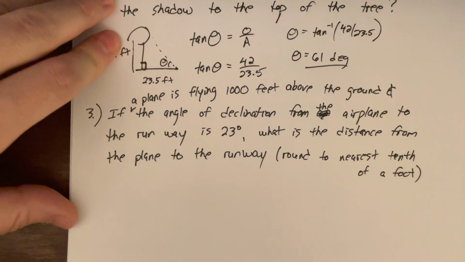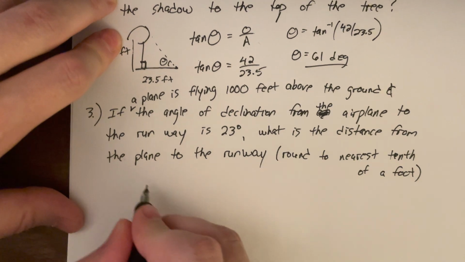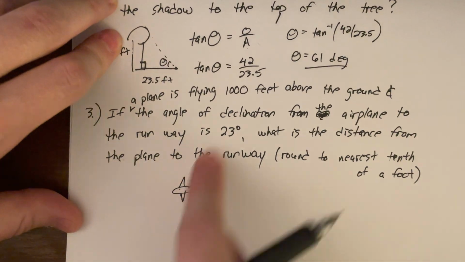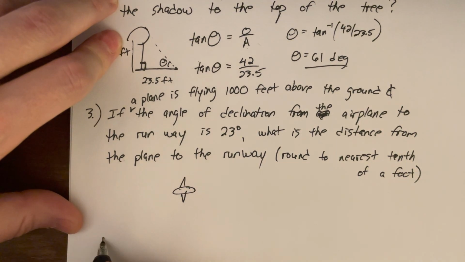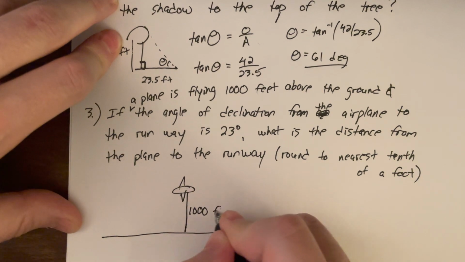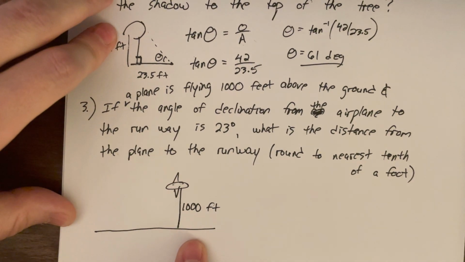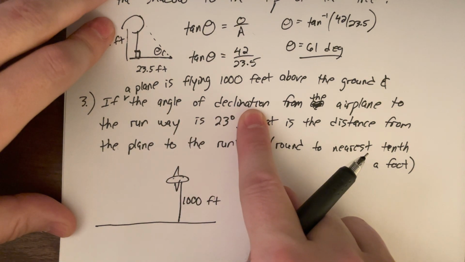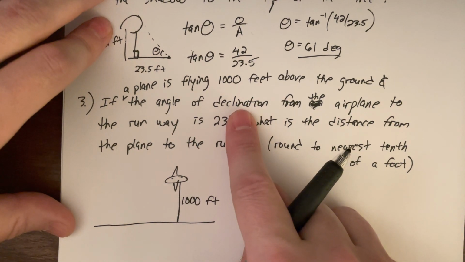So once again, let's get our picture. There's my airplane flying 1,000 feet above the ground. Now the next part, the angle of declination. That's a little bit stranger to most people.